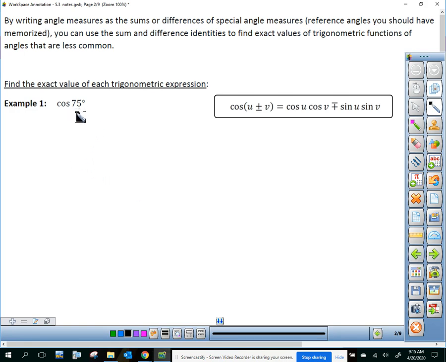I don't know cosine at 75 degrees. I'm assuming you don't either. But 75 can be broken down into two reference angles that I do know from the unit circle. And sometimes there's going to be more than one way to break it down. So I'm going to use cosine of 30 plus 45.